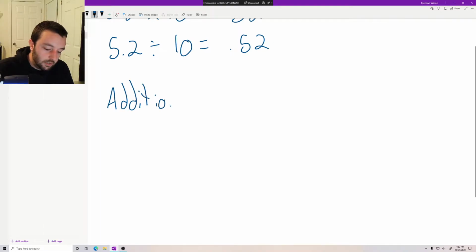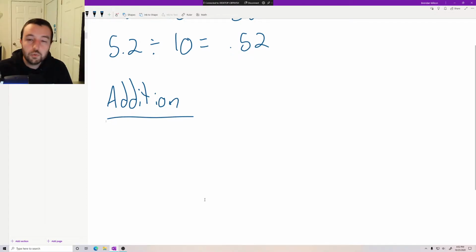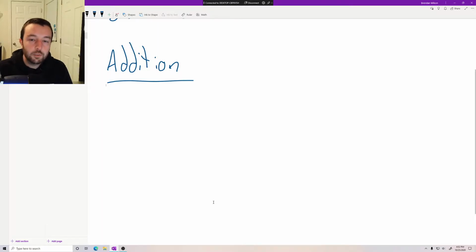So addition really shouldn't present any additional problems from the addition we were doing in chapter 1, because there's really not anything more to it. If you remember back in chapter 1, we were doing addition with whole numbers. So say like 53 plus 47, right? So what we would do is we would line up the place values.